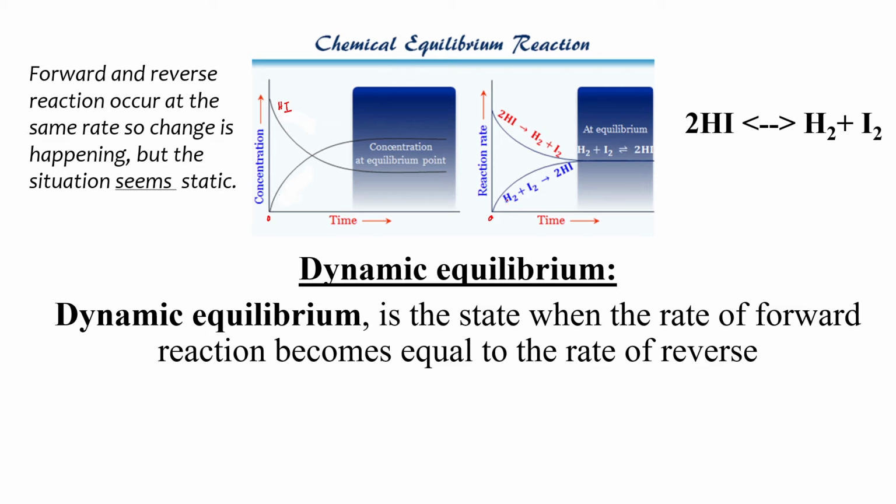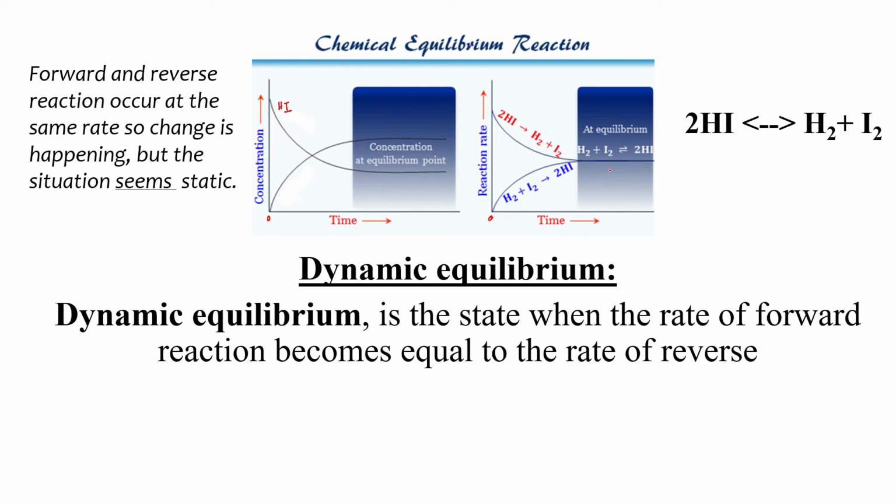The rate of the forward reaction will keep decreasing, and the rate of the reverse reaction will keep increasing. Eventually, there will be a point where the rate of the forward reaction becomes equal to the rate of the reverse reaction. At this point, the concentration of the product and the concentration of the reactant will be constant. And this point is called equilibrium.